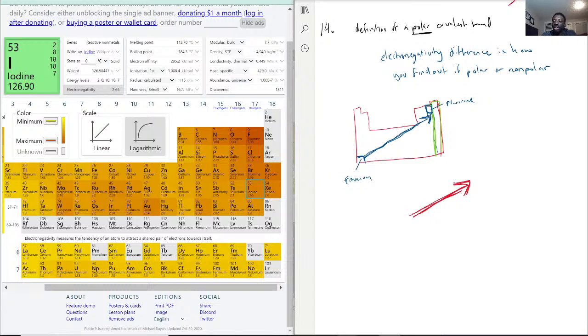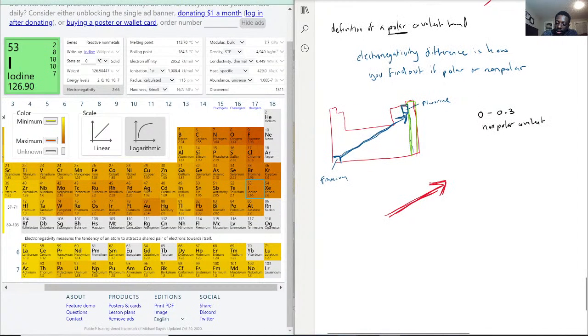There's ratios, okay? If the difference between them is between 0 to 0.3, this is considered a non-polar covalent bond.